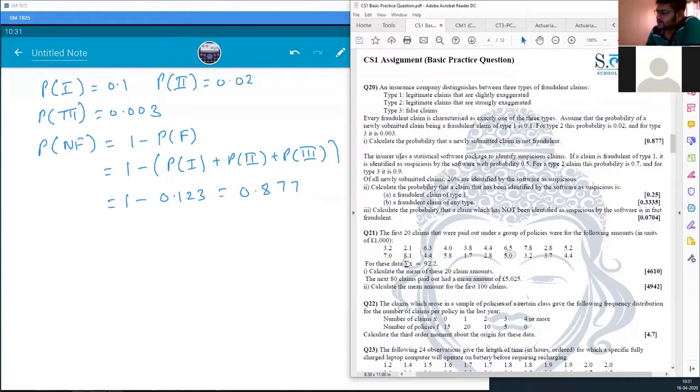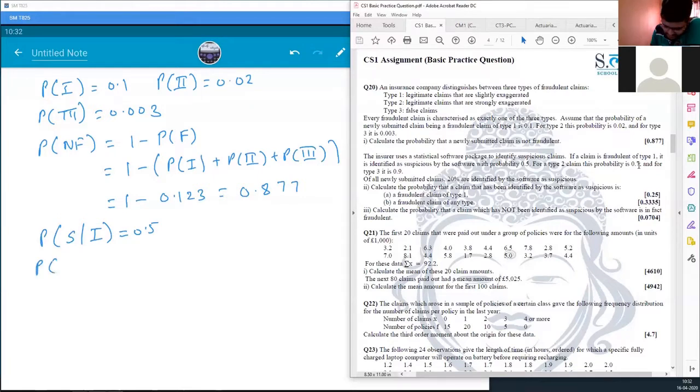The next part: the insurer uses a statistical software package to identify suspicious claims. If a claim is fraudulent of type 1, it is identified as suspicious by the software with a probability of 0.5. So the probability the software says suspicious given it was type 1 is 0.5. Similarly for type 2, this probability is 0.7.